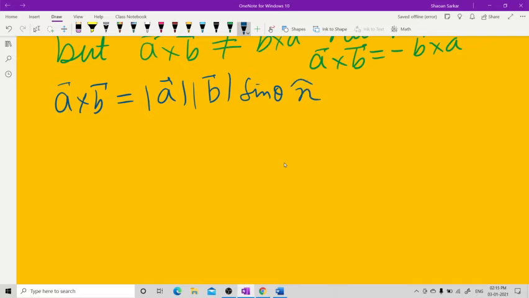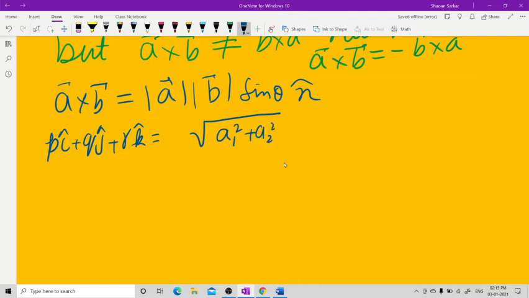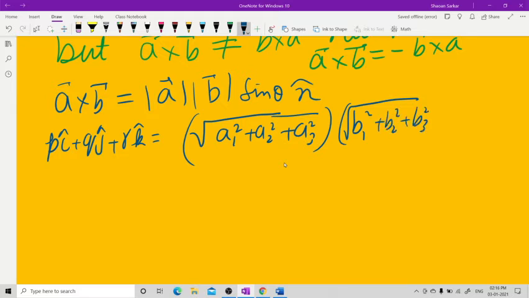Now, in this case, I can write A cross B as Pi cap, Qj cap, Rk cap. This is equal to, as I told you in the dot product in the earlier lecture, under root of A1 square plus A2 square plus A3 square, multiplied by under root of B1 square plus B2 square plus B3 square, sine theta, eta vector.